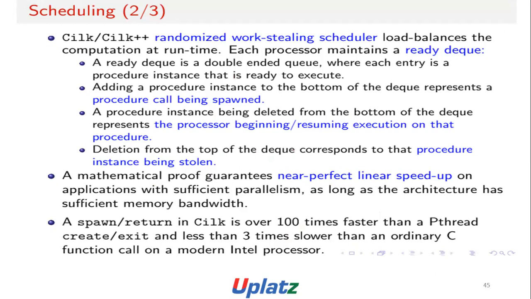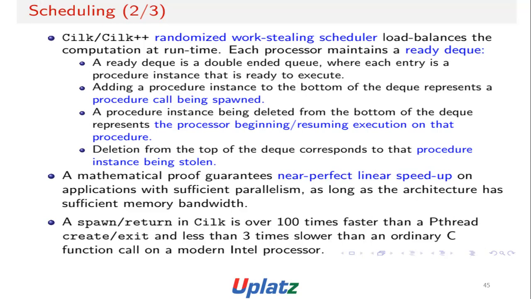Each processor maintains a ready deque. A ready deque is a double-ended queue where each entry is a procedure instance that is ready to execute. Adding a procedure instance to the bottom of the deque represents a procedure call being spawned. A procedure instance being deleted from the bottom of the deque represents the processor beginning execution of that procedure. Deletion from the top of the deque corresponds to the procedure instance being stolen.